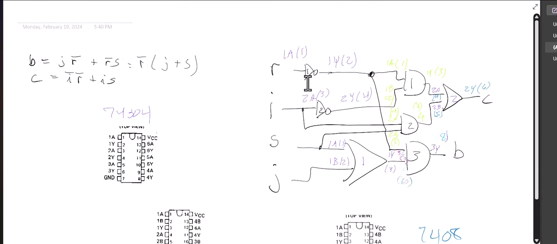So if we had, I'll do C for you. So, what does it say to do?